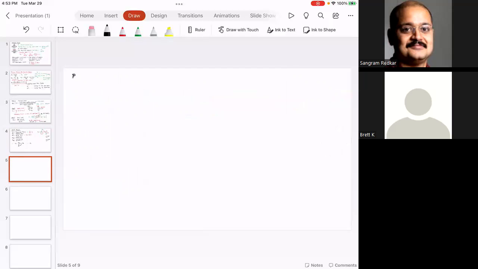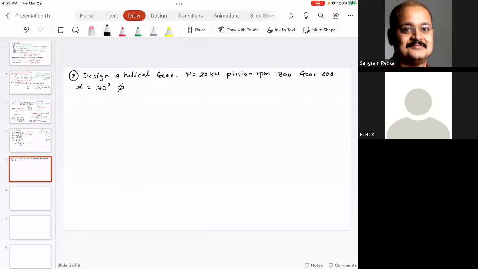So, problem. Design a helical gear. Power transmission is 22 kilowatt. Pinion RPM 1800. Gear RPM 600. Alpha, which is the helix angle, 30 degrees.